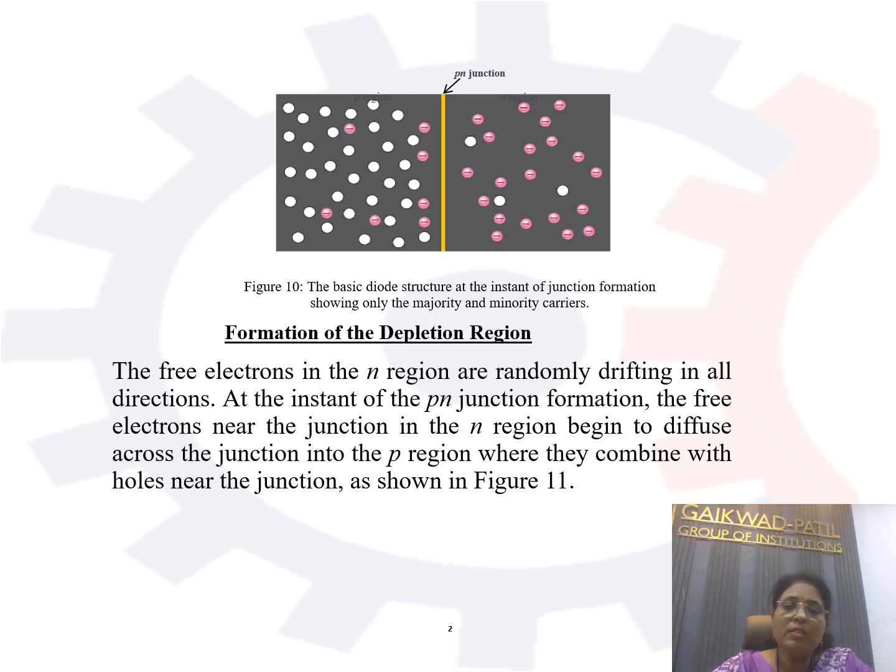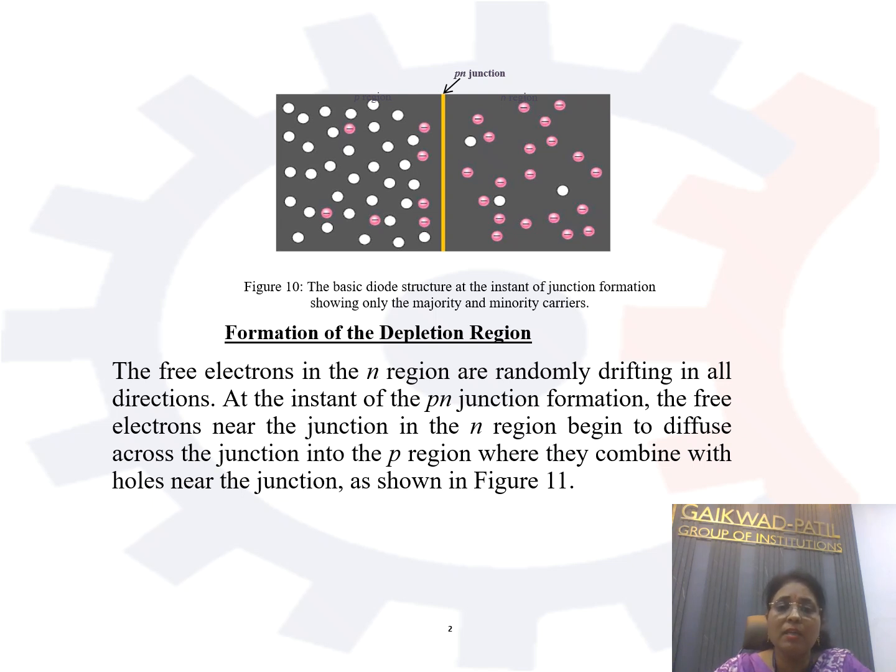The free electrons in the N region are drifting in all directions, and at the instant of PN junction formation, the free electrons from the N region and the holes from the P region diffuse across the junction, forming the region that is the depletion layer, the junction potential or the barrier potential.